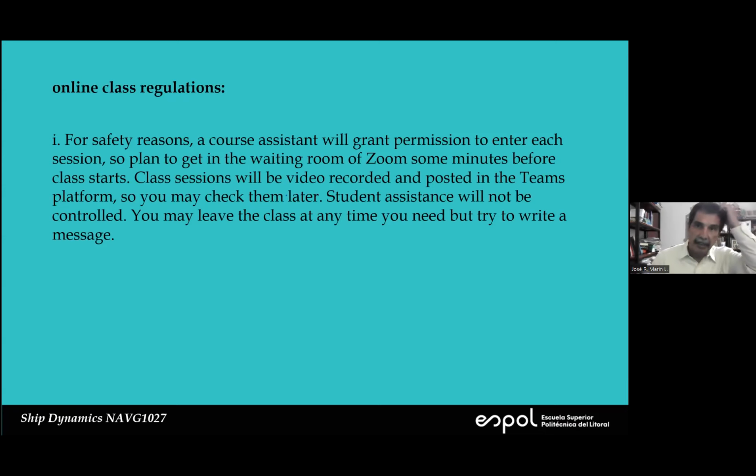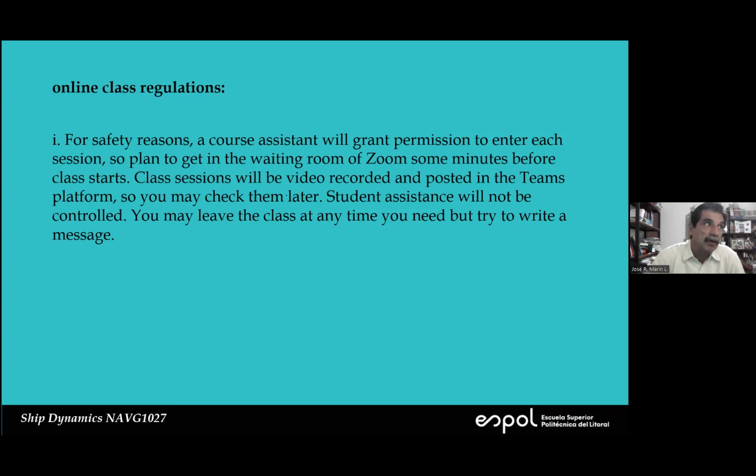We're going to put it into the Teams platform. Student attendance is not controlled. If you don't want to come to class, fine. You're mature enough, you take your own decisions. But yeah, we keep control of those who don't come.